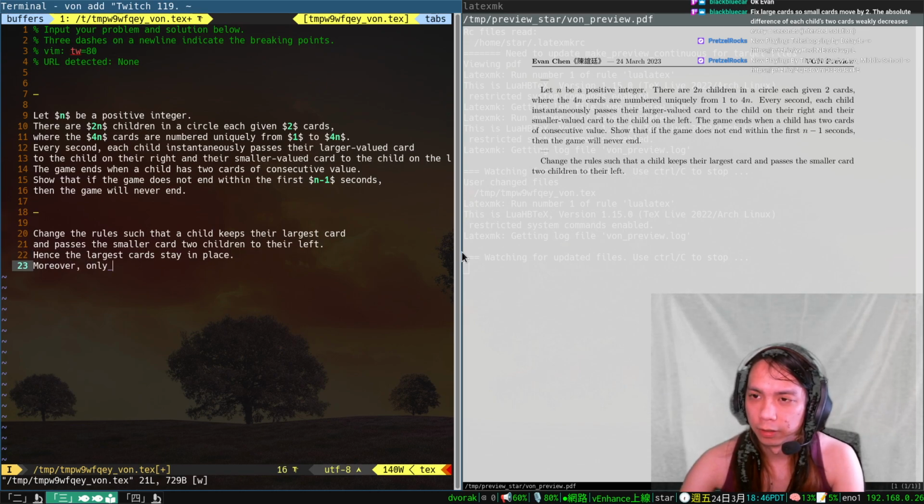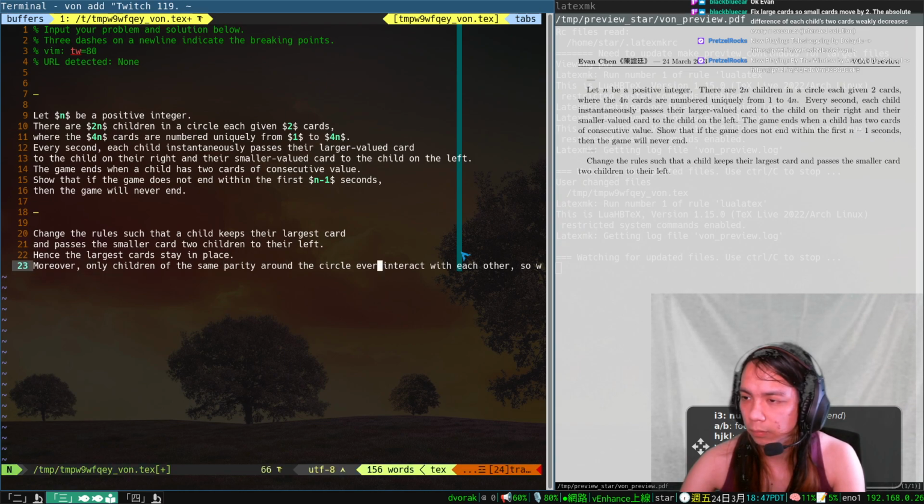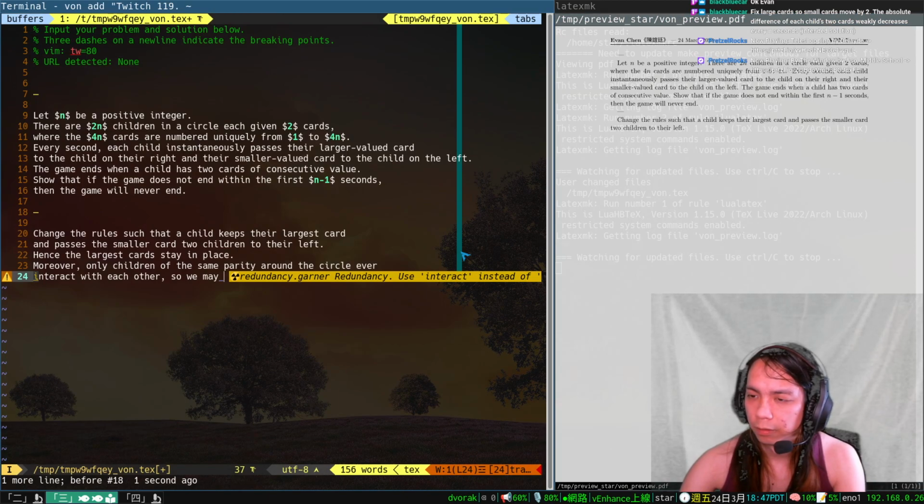Moreover, only children of the same parity around the circle ever interact with each other. So we may restrict attention to the n even numbered children, say.